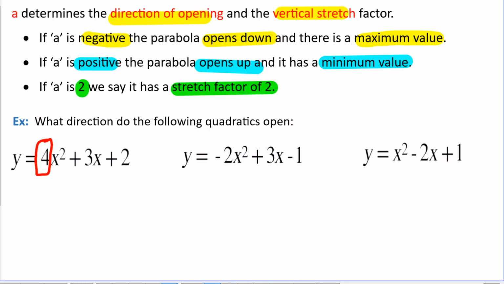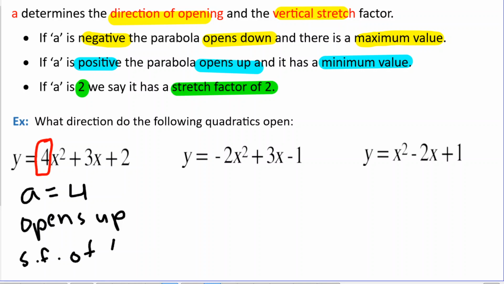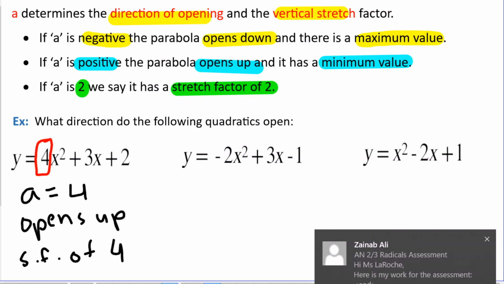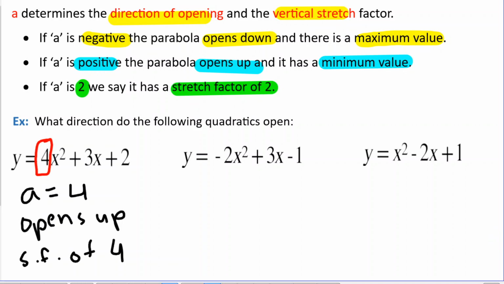So if this graph has an A value of 4, and it's a positive 4, that means it's going to open up, because we have a positive A value. It also has a stretch factor of 4. So it's stretched 4 times as much.